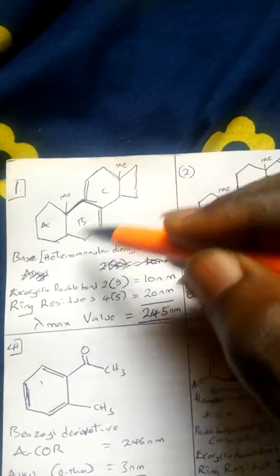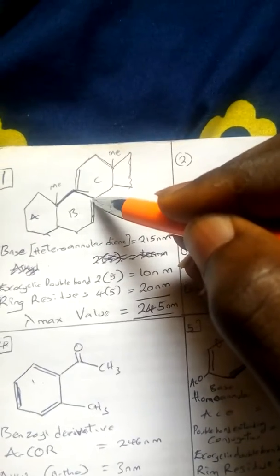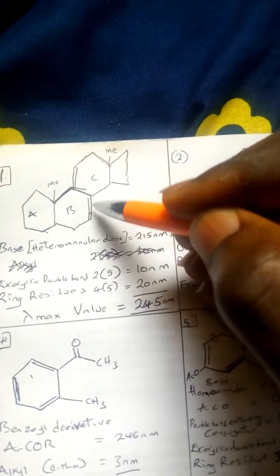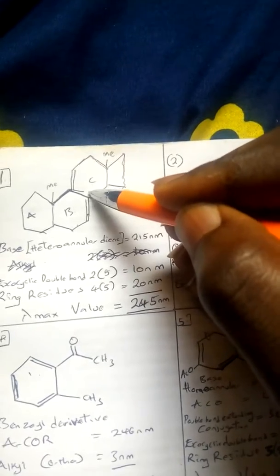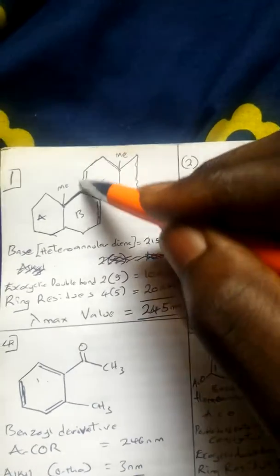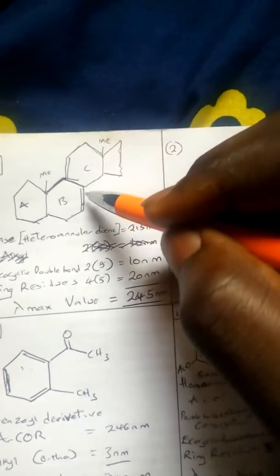Looking at this compound very well, this compound has exocyclic double bonds. Now, from the video I did previously, I explained that exocyclic double bonds are those double bonds that are at the junction of a ring with another ring. What I mean is that whenever you find a double bond that is connected to another ring, for example, this double bond in B is connected to ring C. Looking at this double bond here too, the double bond in C is connected to ring B. So after you confirm that, you check this double bond here.